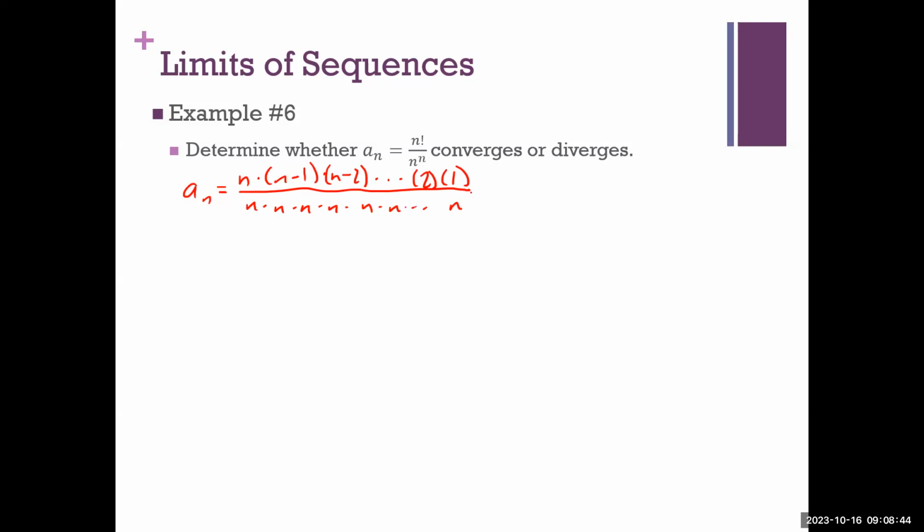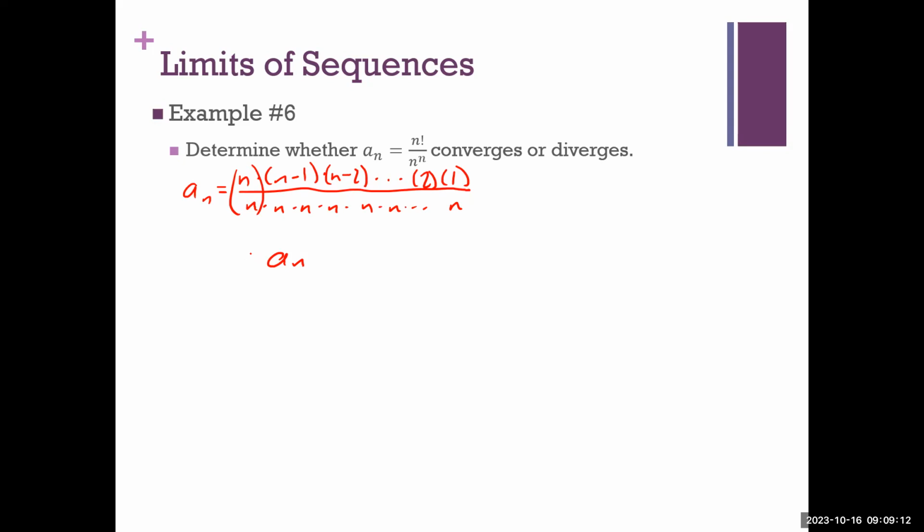So I'm going to rewrite it like this. I'm going to pull out the n over n. Here are two claims I want to make. Can I say that a sub n is always going to be positive?